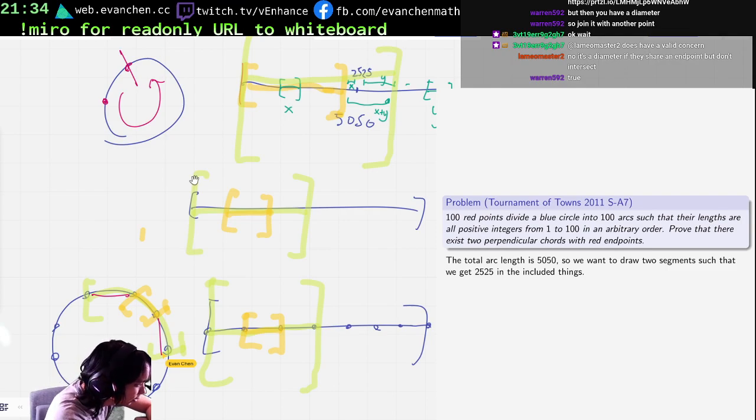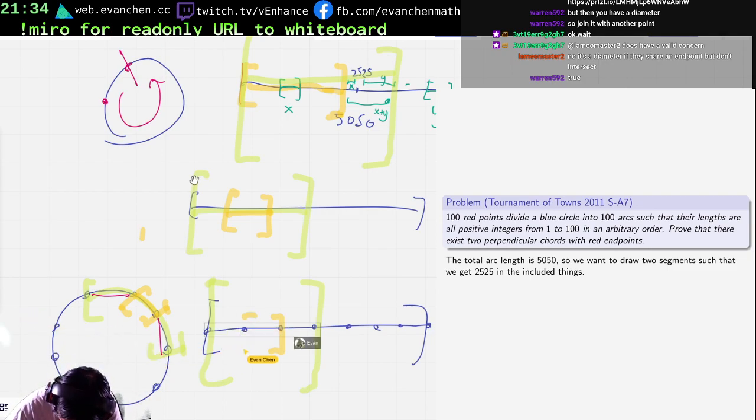Okay, so what's the concern? One segment is inside and shares an endpoint. So, like what? So, like that? Let me do the not at the cut actually. Like here?